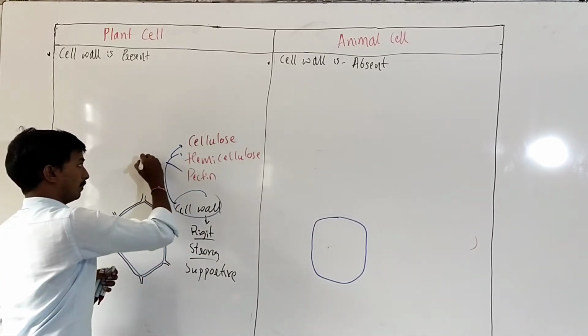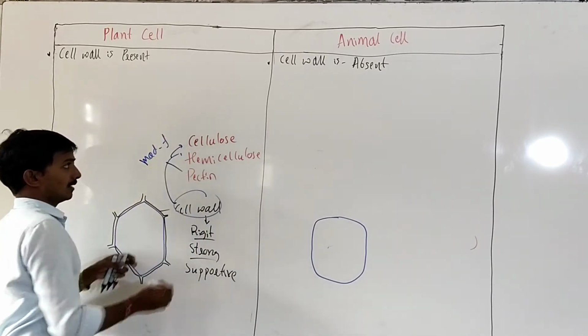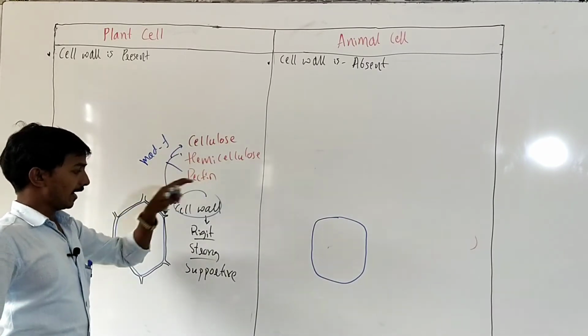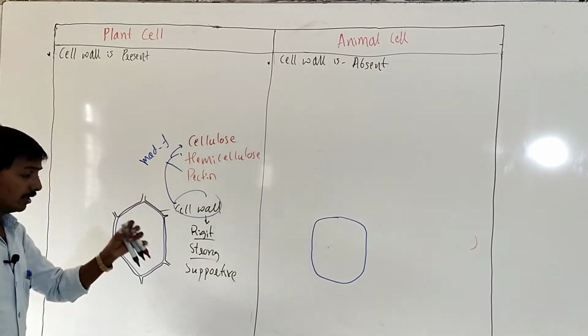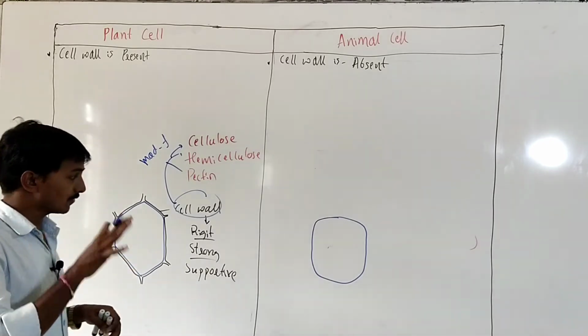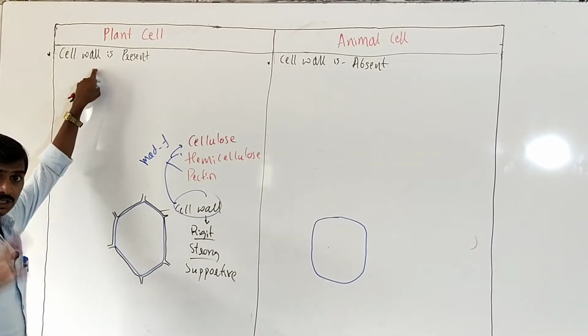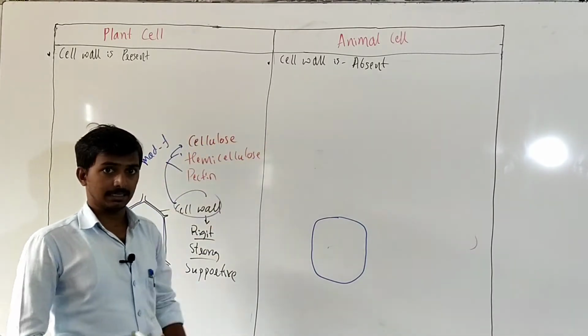Cell wall is made of cellulose, hemicellulose and pectin, and it provides many of the functions. Because of that, the plant cell is more rigid and stronger than the animal cell.